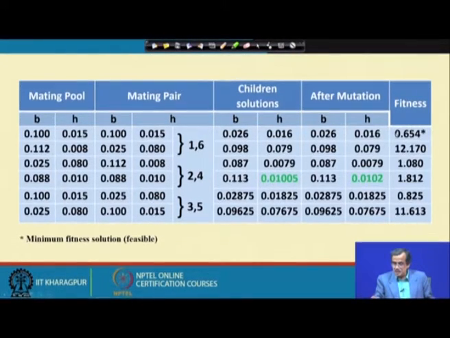So, this particular solution is found to be better compared to the best solution of the initial population.